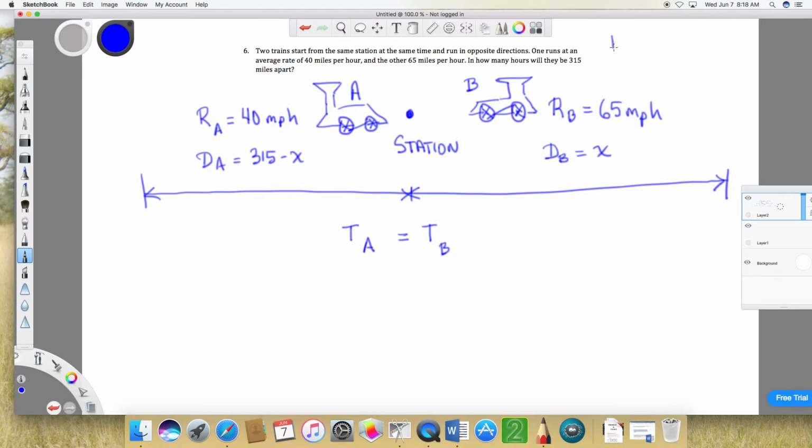And I know that my relationship in uniform motion problems is distance is equal to rate times time. So that tells me that time is distance divided by rate.